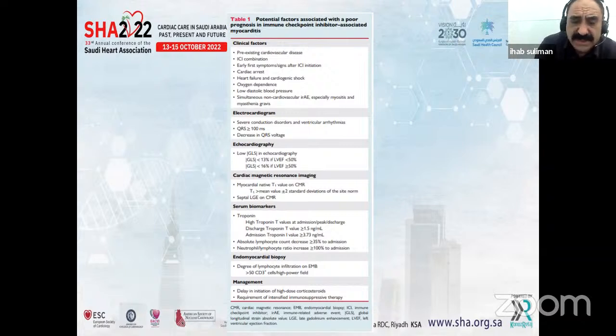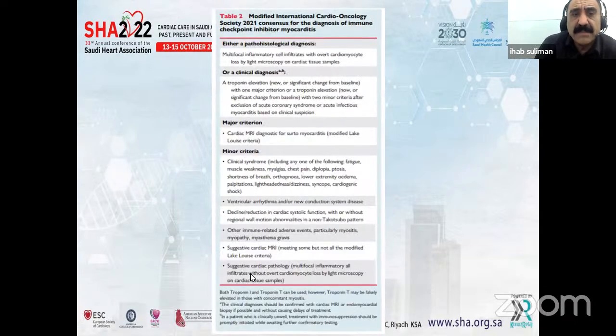It is very important to start high-dose steroid, and there should not be any delay in the management. It is important to diagnose myocarditis from immune checkpoint inhibitors, either based on the clinical presentation or by finding it on biopsy. Cardiac MRI can be of a lot of help, because sometimes the ECG and echo will not show the exact changes from myocarditis.